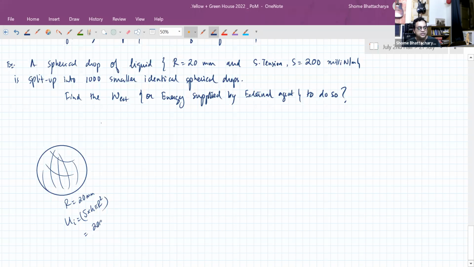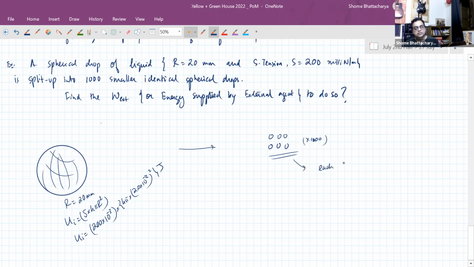So 200 millinewtons, so 10 raised to the power minus 3, into 4 pi into 20 into 10 raised to the power minus 3, squared. This would have been the surface energy in joules. Okay. Now, the moment we break it into 1,000 smaller droplets, now obviously I can't draw 1,000, but with 1,000 droplets, the total surface area would have increased.